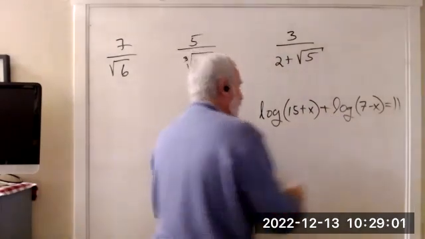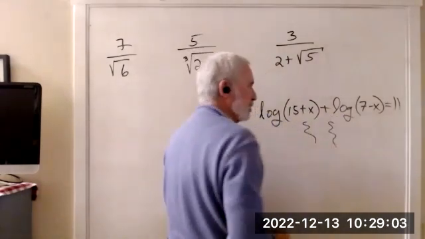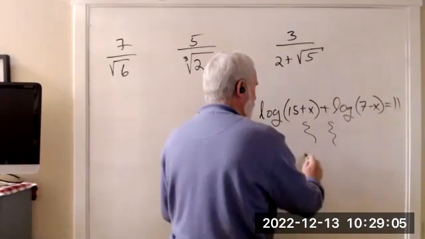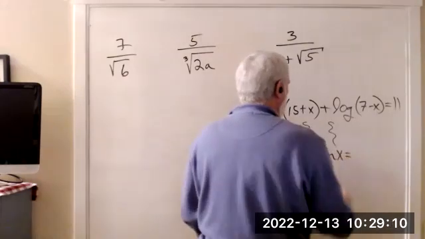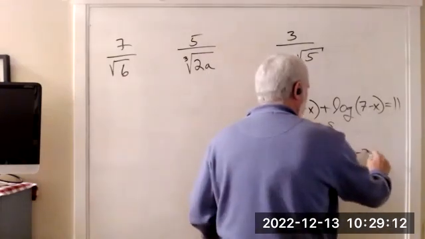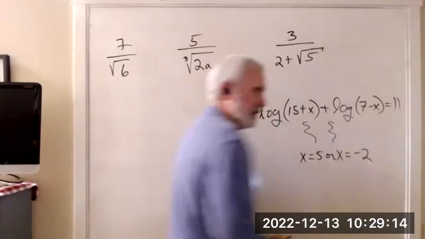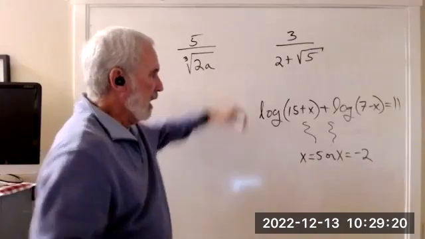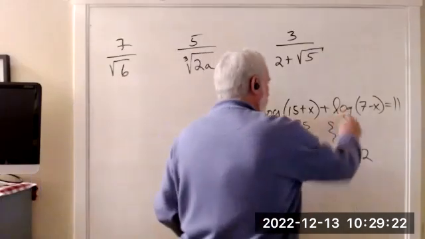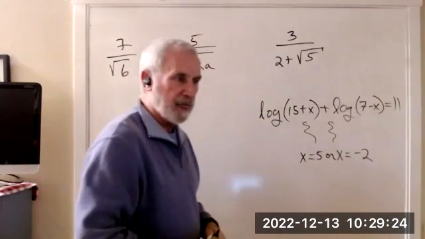But let's say we work it out and we get an answer of x equals 5 or x equals -2. This is all pretend now. So we get some big ugly log problem, and we work it all out, and these are the answers we get.